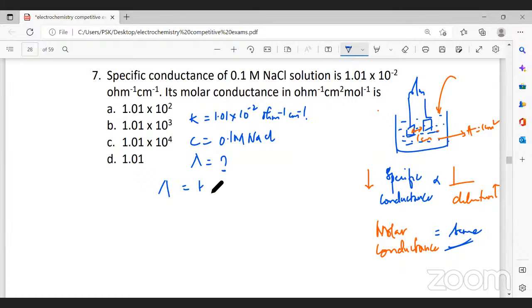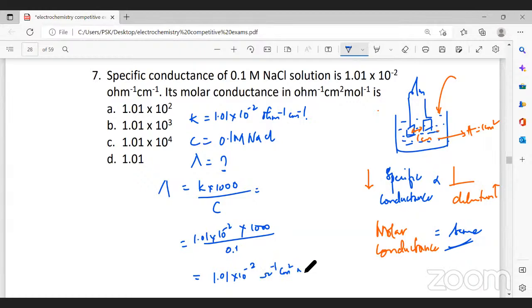Lambda is equal to kappa into 1000 divided by molarity or concentration. Kappa is 1.01 into 10 to the power minus 2, into 1000, divided by concentration 0.1. On simplification, the answer we get is 1.01 into 10 to the power 2 ohm inverse centimeter square per mole.